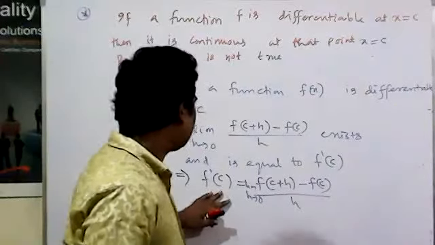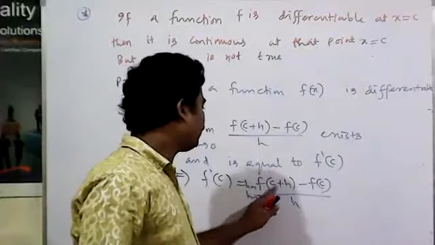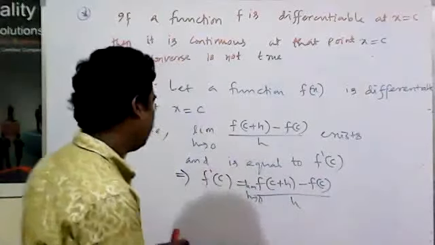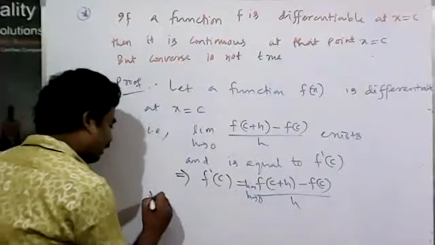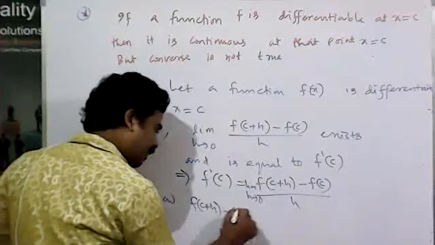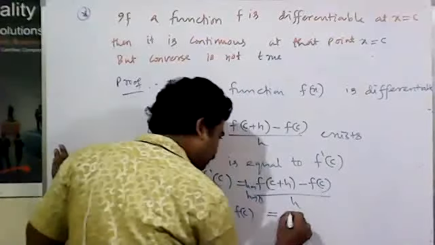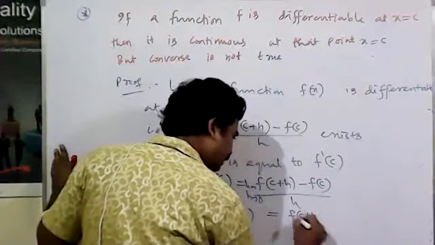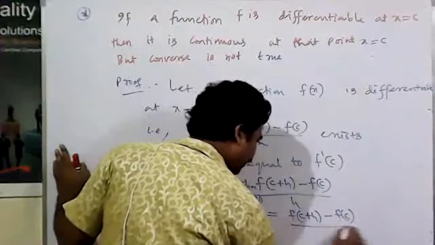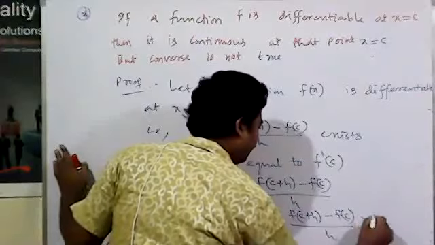Here f dash c is equal to limit of f(c plus h) minus f(c) by h when h tends to 0. That means you can now write f(c plus h) minus f(c) is equal to f(c plus h) minus f(c) divided by h into h.